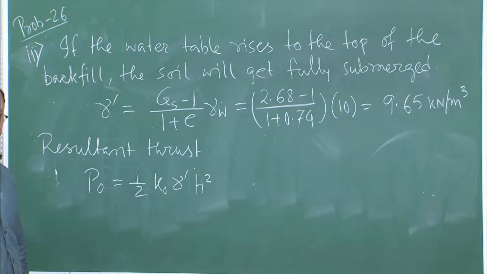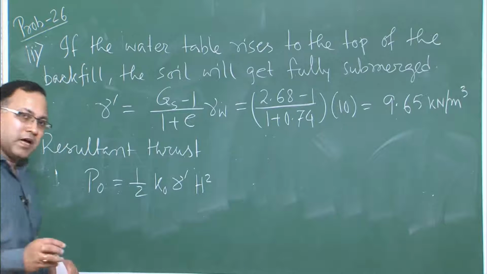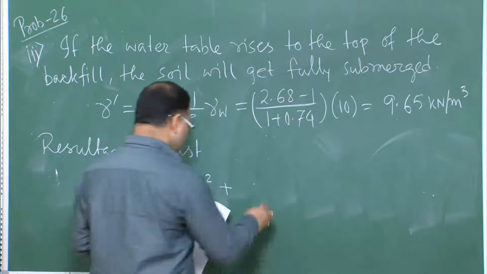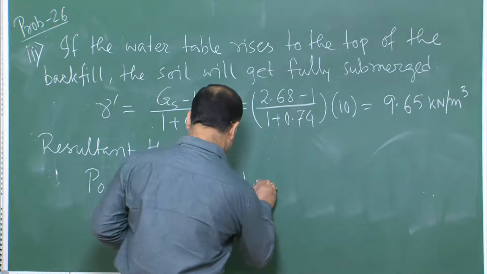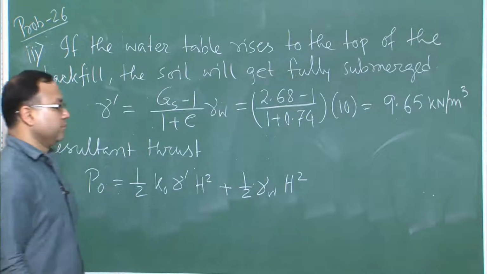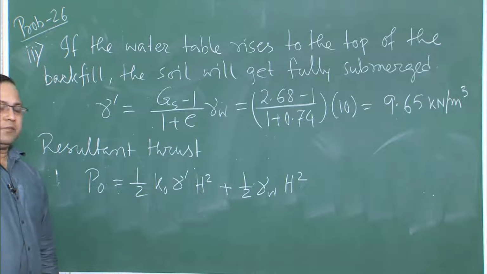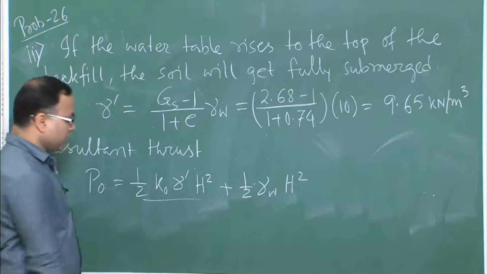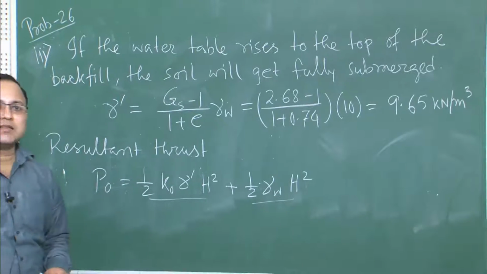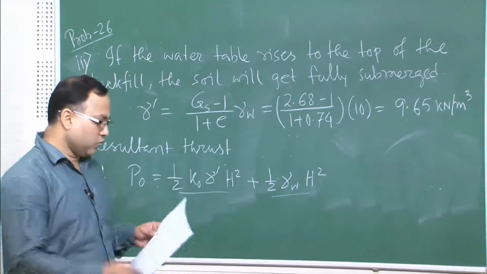That is due to the soil, because the submerged backfill is there, plus your water will give some hydrostatic pressure, that will be half gamma w H square. So, this part is coming from the soil and this part is coming from the water. That is the total thrust now acting on the wall.